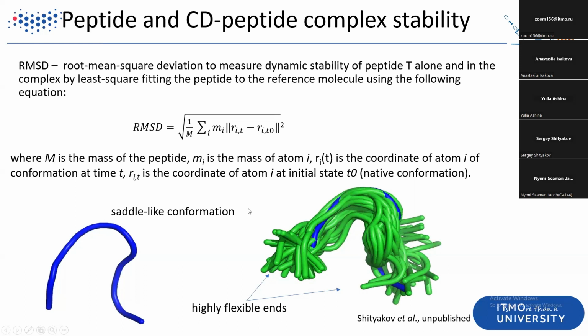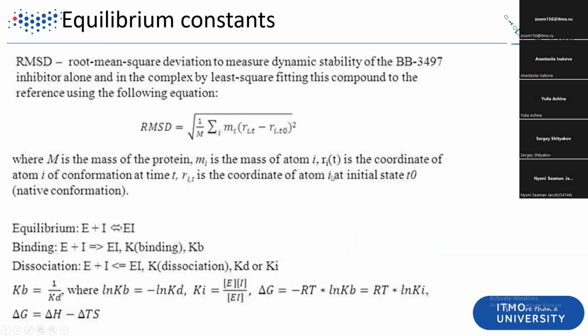So actually we are calculating the root mean square deviation by using the native conformation as the initial structure at the initial state 0.